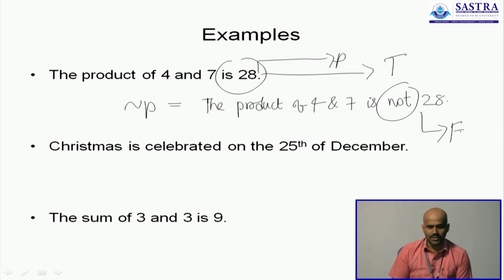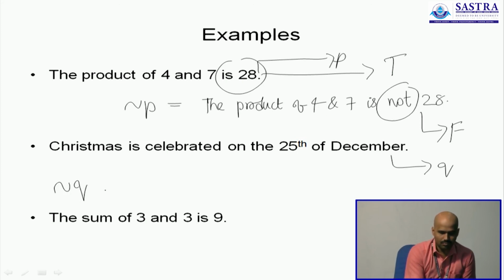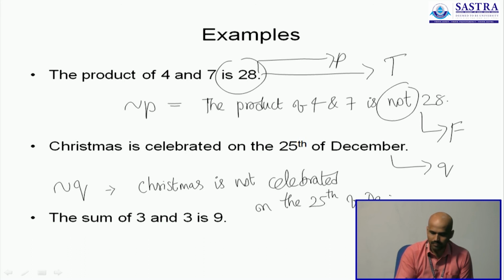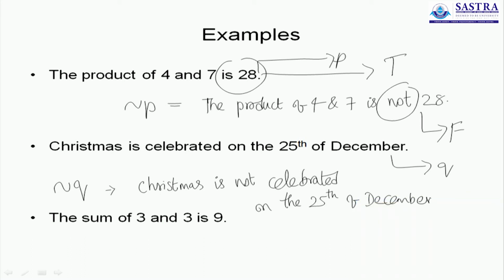The second statement is: Christmas is celebrated on the 25th of December. Let's call the statement Q. Now its negated version should go like this: Christmas is not celebrated on the 25th of December. So we're not talking about a different month or a different date.